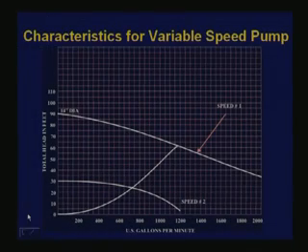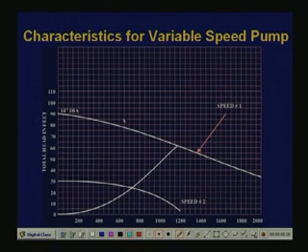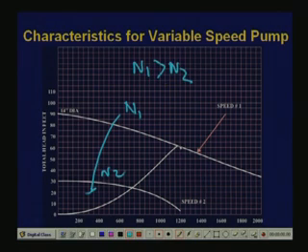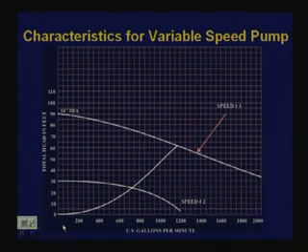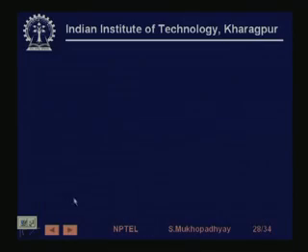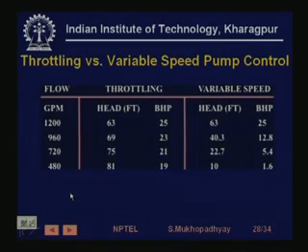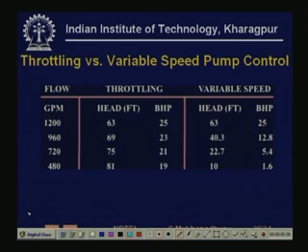Now, if we control the speed as before, the pump characteristic will now come down. This is N1, this is N2, and N1 is greater than N2. So, the operating points will now shift from this to this, just like the previous case. If you do a similar analysis on this pump, a similar thing comes out.